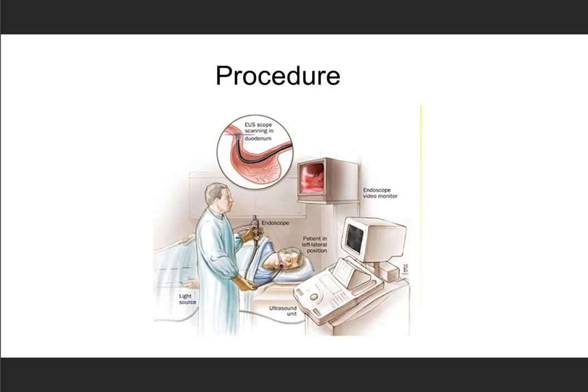We can literally see the needle going through the stomach wall or into the duodenal wall and aspirate and sample the tissue, which is necessary for making a tissue diagnosis leading to the appropriate treatment, whether it be chemotherapy, radiation therapy, or surgery.